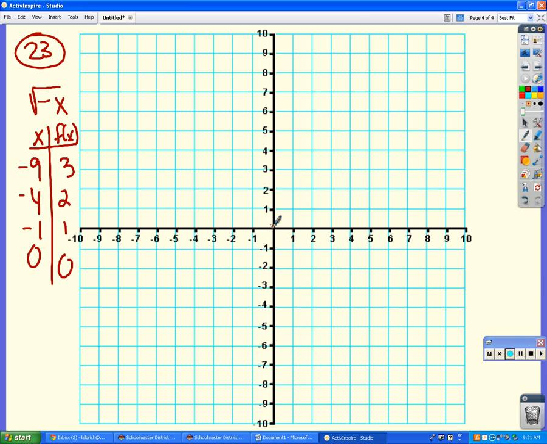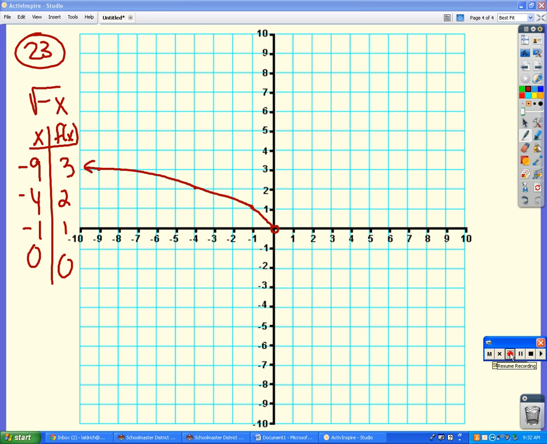So this is the square root function, but it has been reflected over the y-axis, which I'm sure you remember from last year: if you change the x to a negative x, that has the effect of reflecting the graph over the y-axis. So that's what that piece will look like.